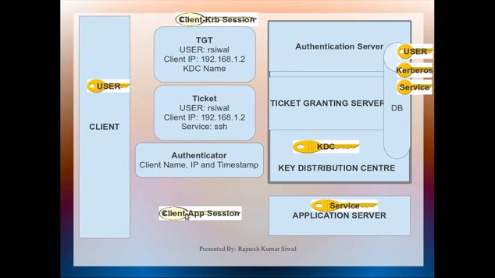Now the client has the client app session key, and the application server also has it. The authenticator has reached the application server, the ticket has reached the application server. The application server makes sure that the client has access and provides access to the client.